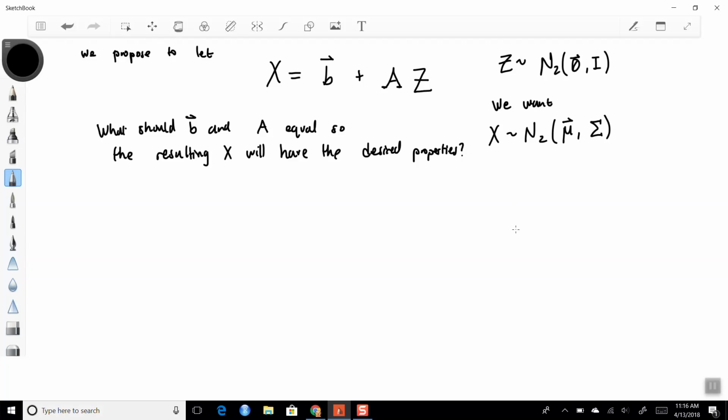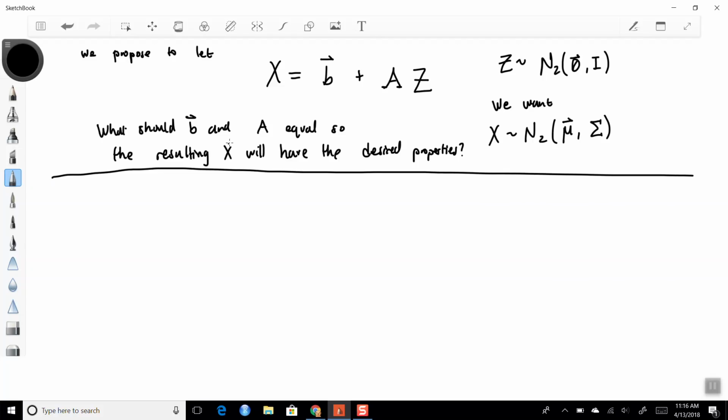Well, let's start by finding the expected value of this x as we've defined it. We'll call this mu sub x, which will be the expected value of b plus Az.